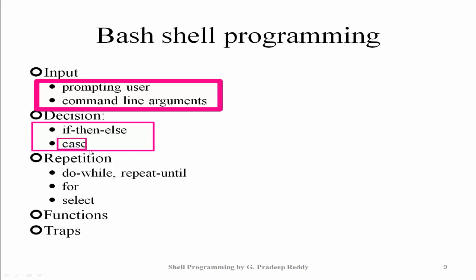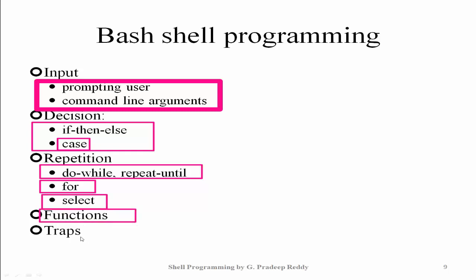Otherwise, you can use a case statement, so that you can specify the case. Next, repetition. You can use do while or repeat until, for loop, or select. You can use functions and you can generate a signal by using traps.